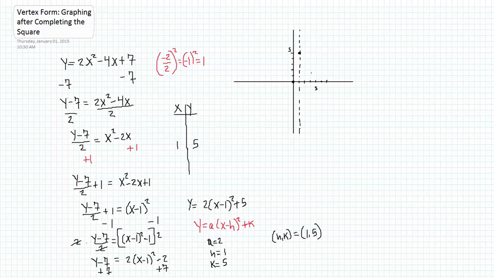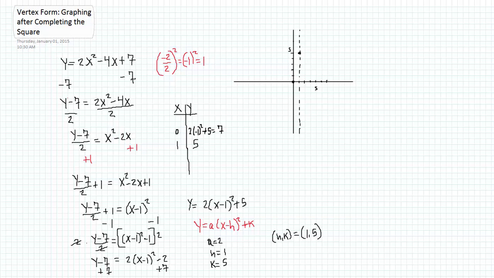Now, we can plug in other points. So if we plug in 0 into this expression, 0 minus 1 is negative 1. When you square that, that's just positive 1. 1 times 2 is 2. 2 plus 5, that's 7. So 2 times (negative 1) squared plus 5 is just 7.